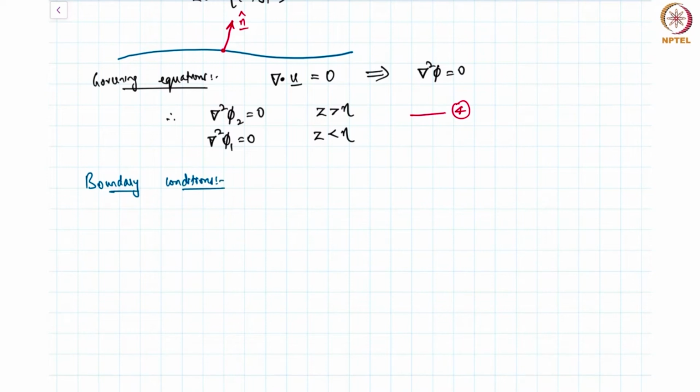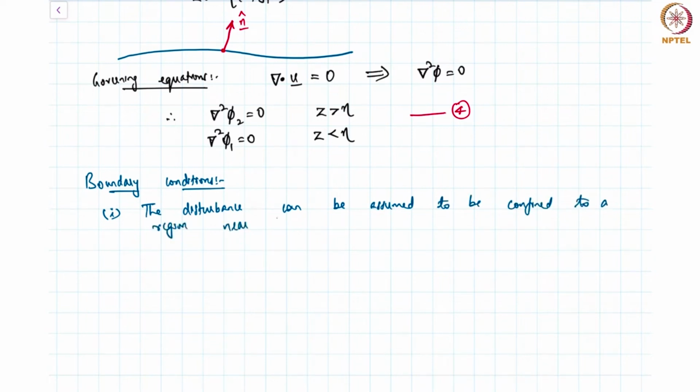Now, the first thing is we can impose far field boundary conditions. The far field boundary condition says that the disturbance can be assumed to be confined to a region near the interface.